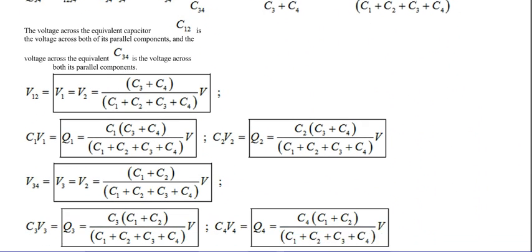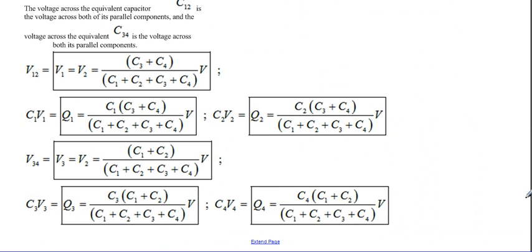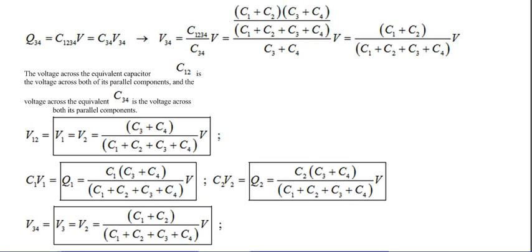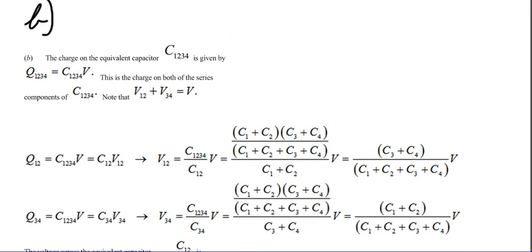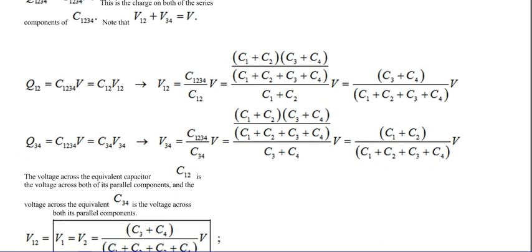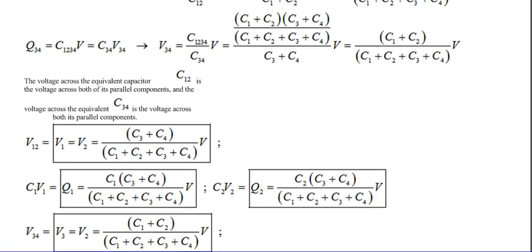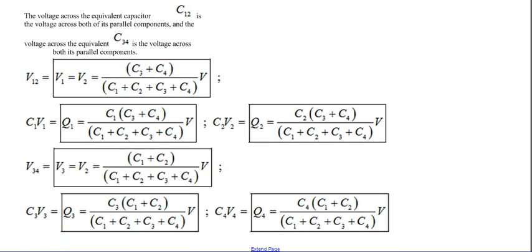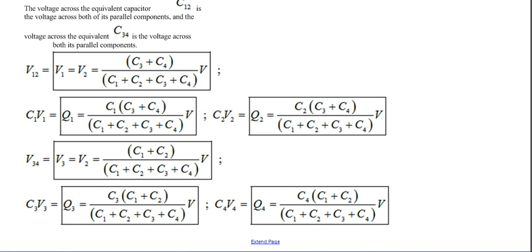And about 4 pages of work later, we end up with the voltage across each of the capacitors and the charge on each of the capacitors. And I could have done that sooner. Okay, good enough? Probably not.